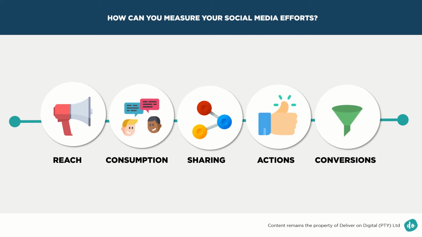Consumption. How did people consume the media or the content that you put out there? Sharing, did they share it with their friends? Did it go viral? Actions, what engagement actions are they taking as a result of seeing your content? And then finally, conversions, which is often the most important metric because this means that consumers are actually doing exactly what you've set out for them to do.